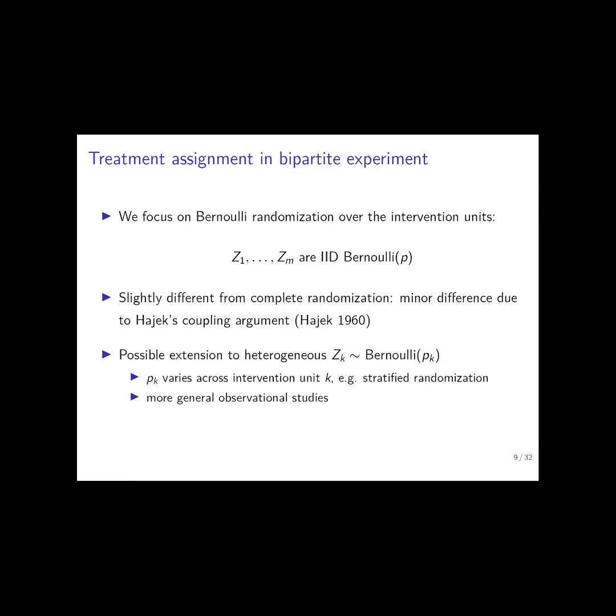The extension is conceptually simple, because later we will simply run inverse probability weighting, so you can easily extend the weighting estimator to heterogeneous probabilities. Okay, let's focus on the simplest possible setting, because this setting is already interesting enough as a first project.